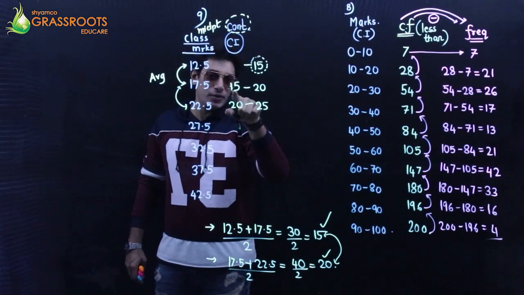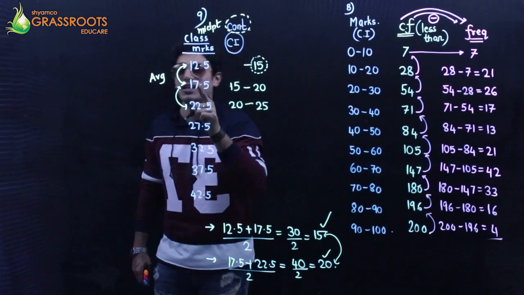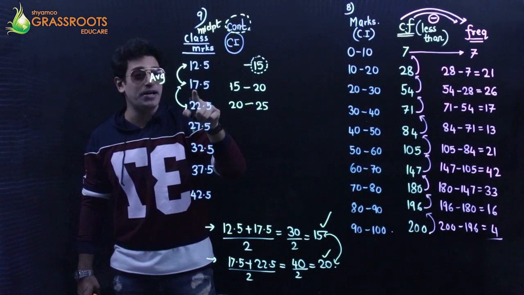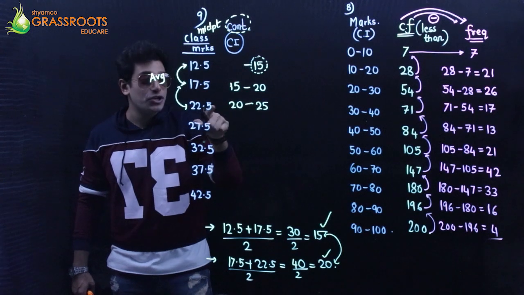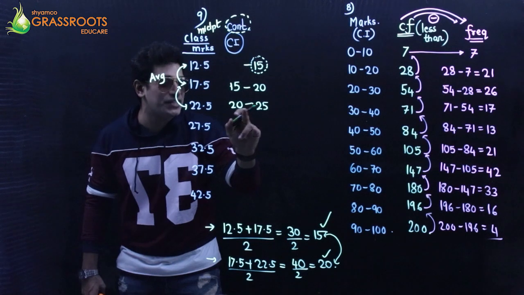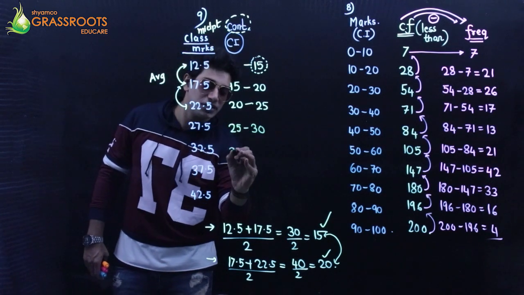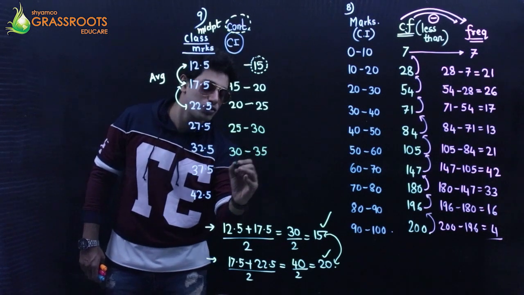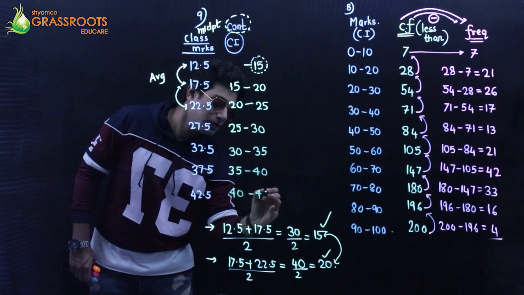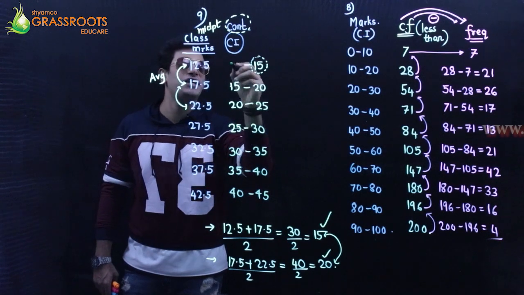Obviously, between 15 and 20, the center point is 17.5. So can I say 17.5? Yes. It is a midpoint of 15 and 20. 22.5, yes, it's a central value of 20 and 25. Now you know it goes with a pattern. 25 to 30, 30 to 35, it goes on. It's a gap of 5. 40, 35, 30, 25, 20, 15, 10.